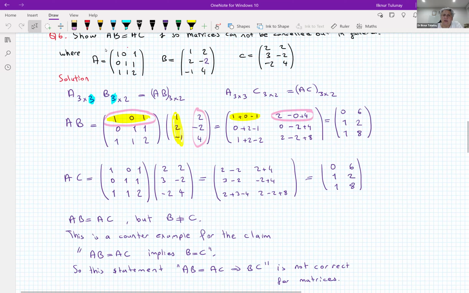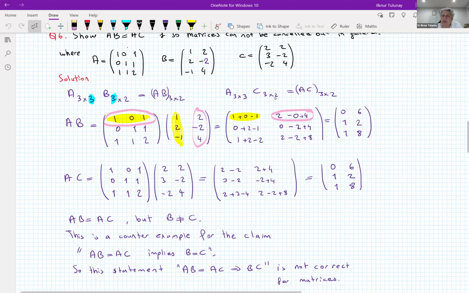So we have A, we have B. Let's multiply these two matrices. A is a 3 by 3 matrix. There are 3 rows, and B has 2 columns. The inner sizes are 3 and 3, so we can multiply matrix A and matrix B, and the result matrix will be 3 by 2.